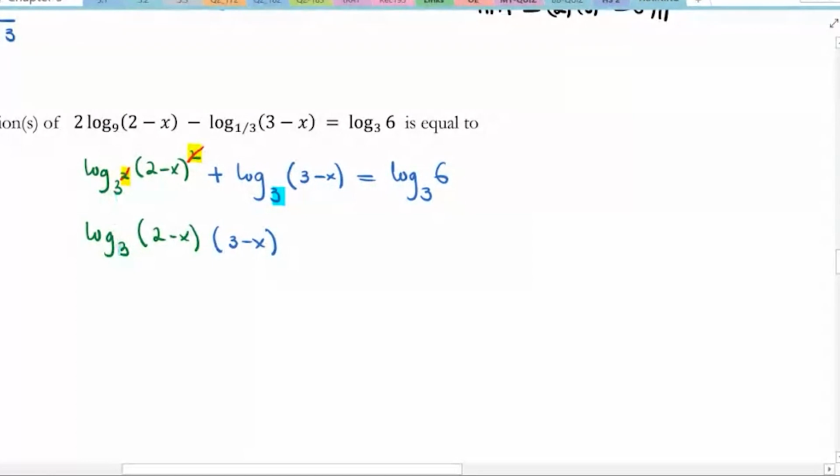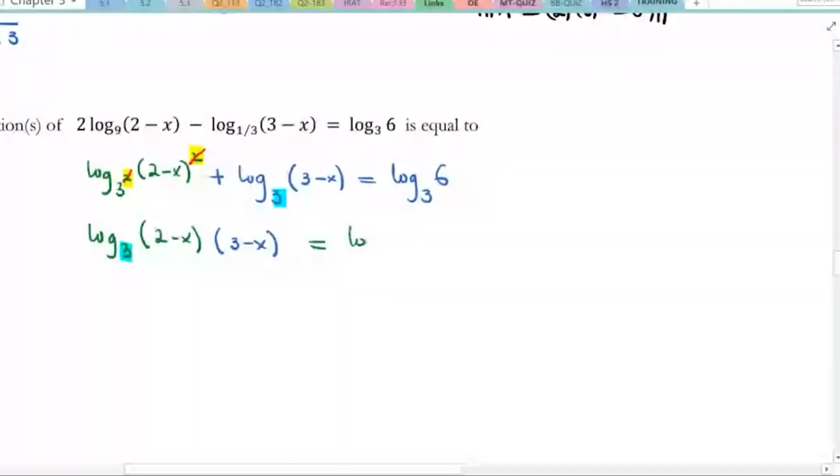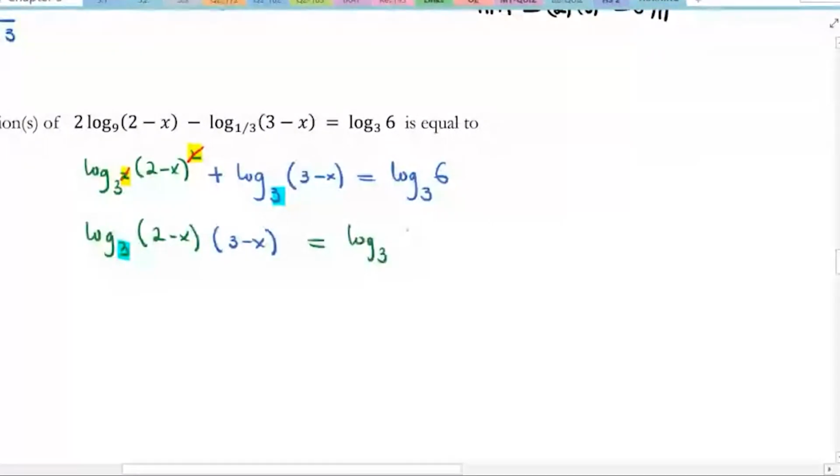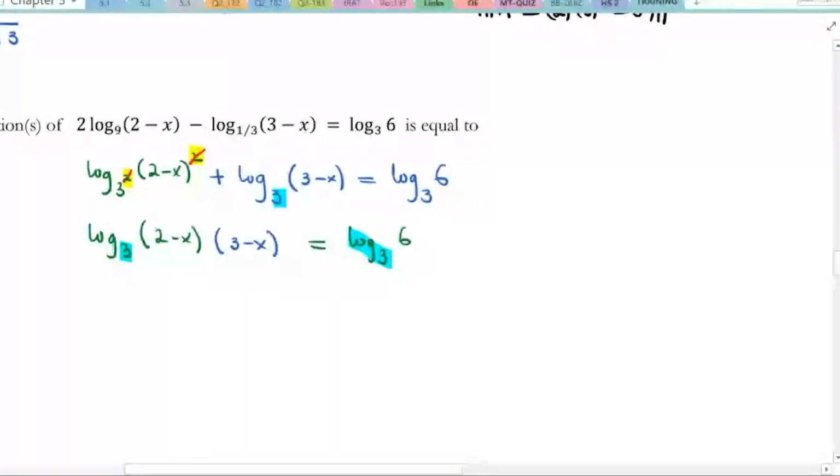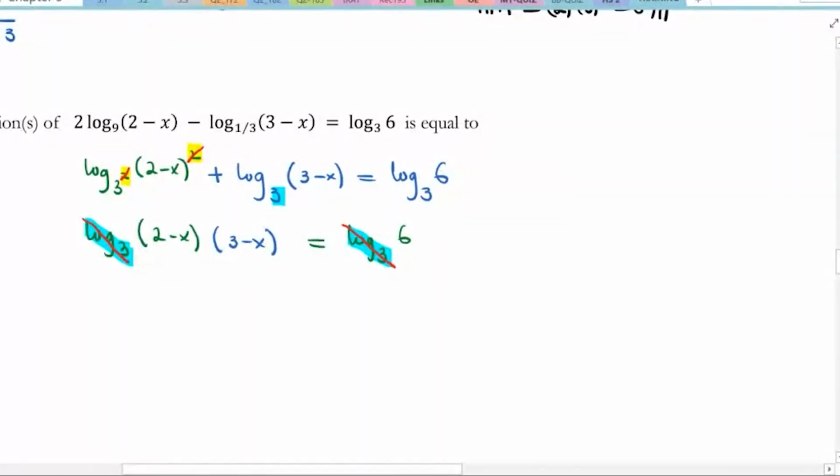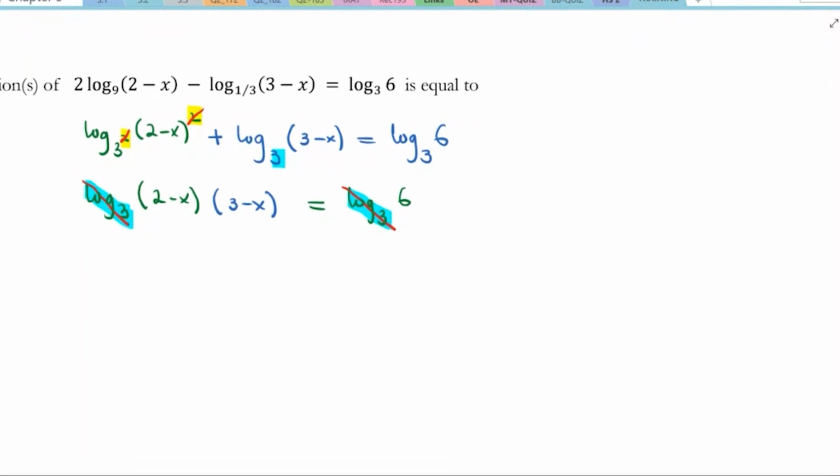Because the base is the same, 3, 3. And this is going to be equal to log base 3 of 6. Now, because the base is 3 here and the base of the log here is 3, we cancel them with each other, one-to-one function. Now, open the bracket. If you open the bracket, what do we get? We get minus x with x, minus x with minus x. That will give you x squared.